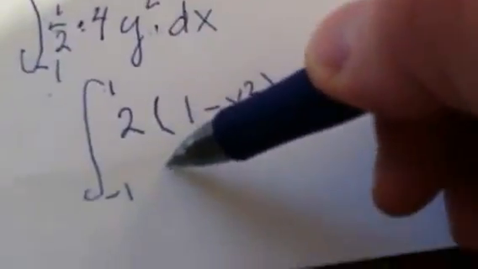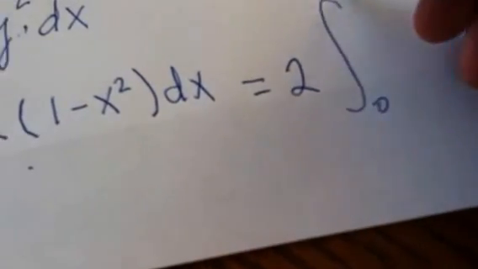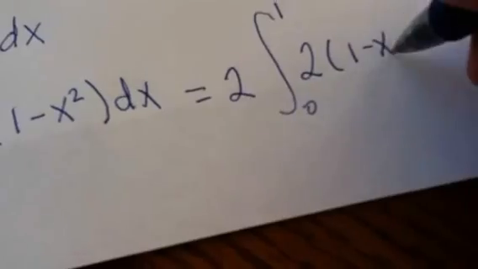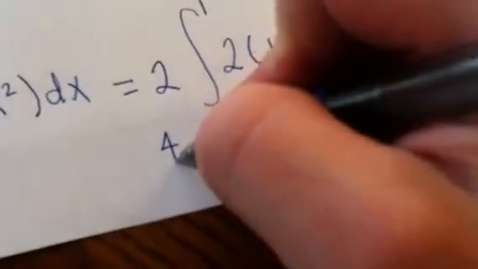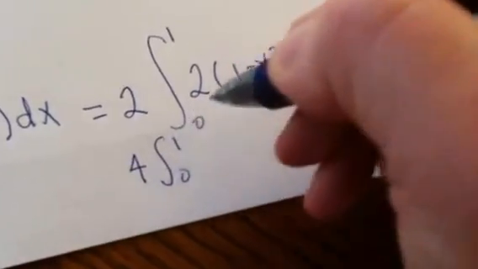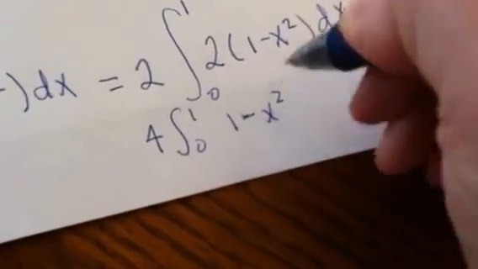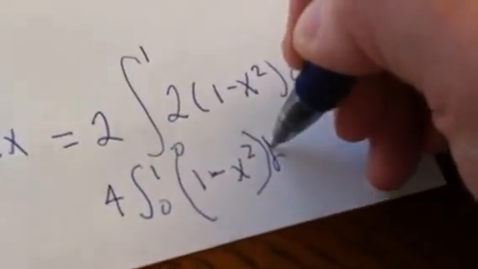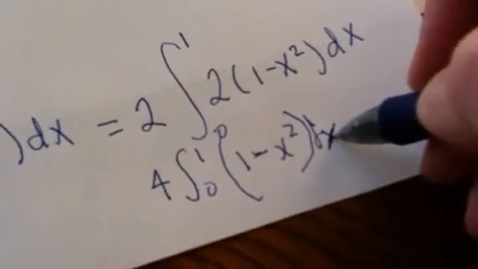So this is equal to twice the area from 0 to 1 of 2 times (1 minus x squared) dx, or 4 times the integral from 0 to 1 of (1 minus x squared) dx.